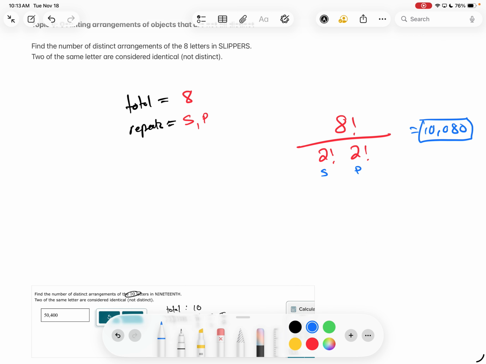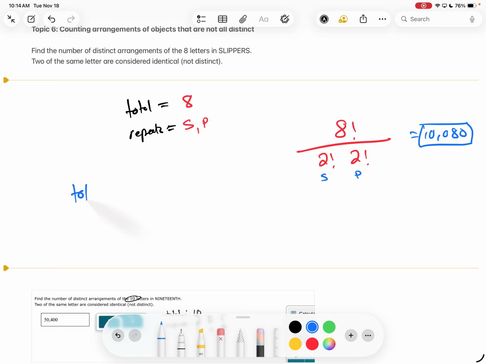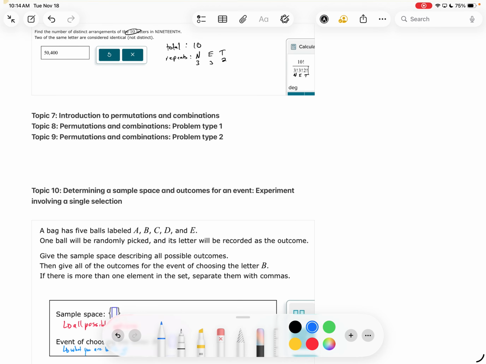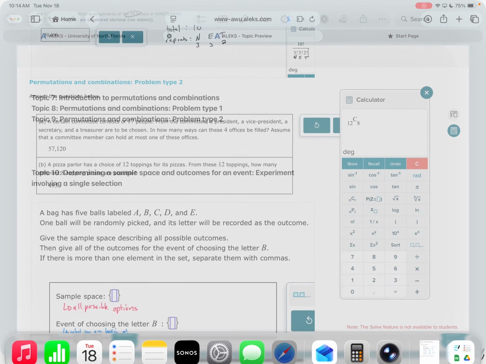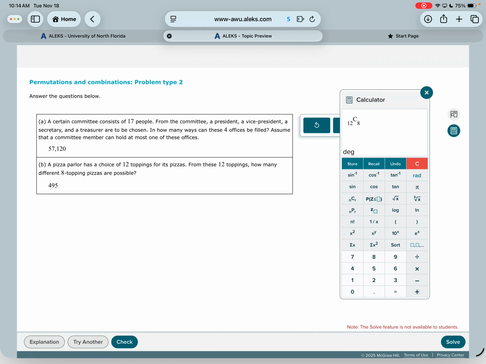These are buttons on the calculator. On the Alex calculator, you're going to use nPr and nCr. So you just do the bigger number first and the smaller number you just pick. The total amount would be my n, and then how much I'm choosing would be my r.